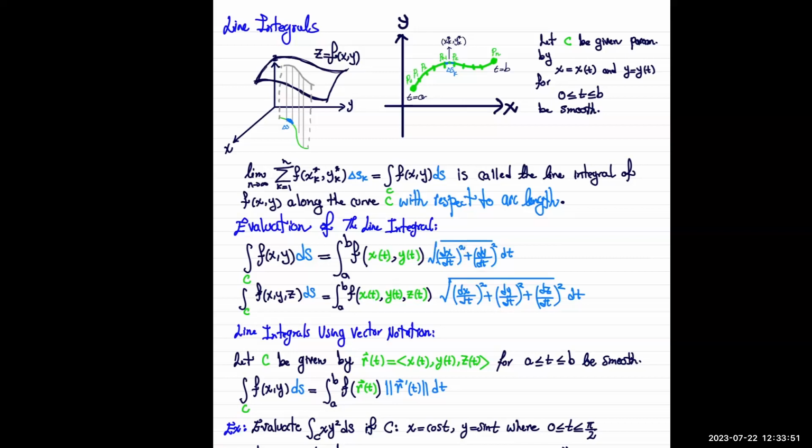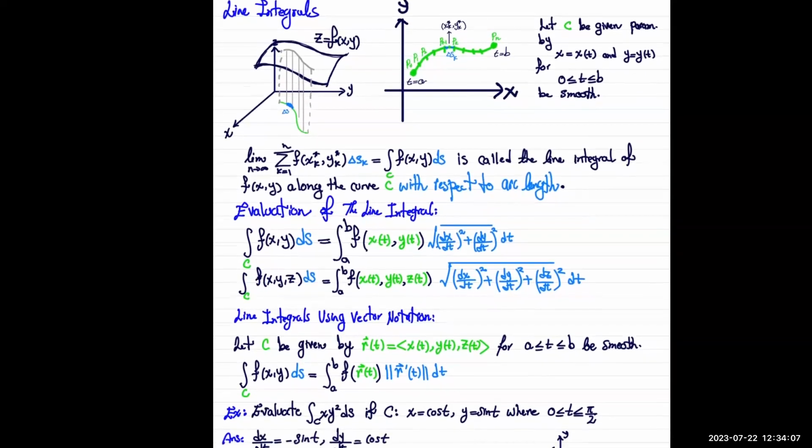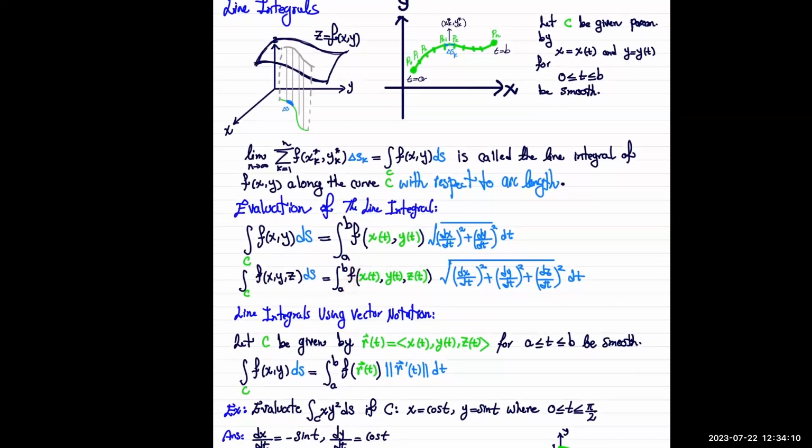And the idea also extends into higher dimensions. The line integral of a function of 3 variables, this no longer is a surface, is again the function at the x, y, z of the curve, and ds is the arc length increment in 3D.